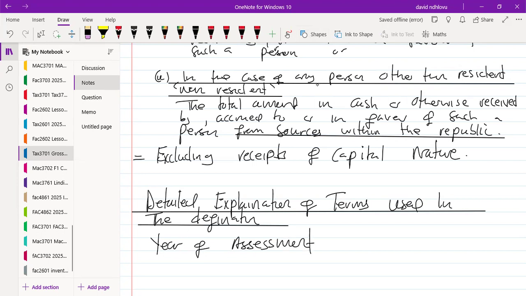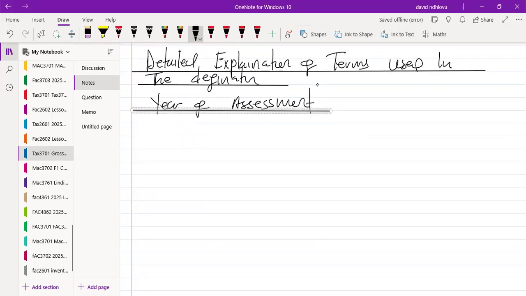Right, so when you talk about the year of assessment here, this is the same as the financial year of a company.